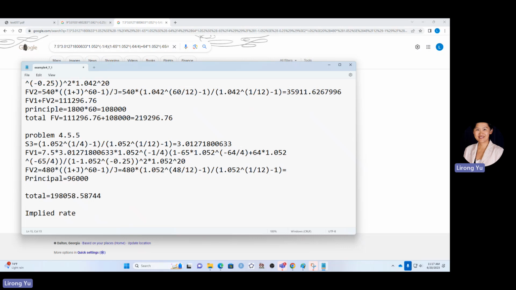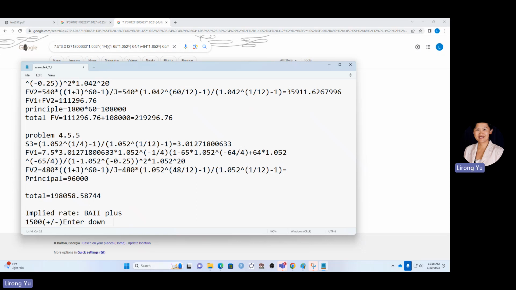Implied rates. The textbook was using the BA II Plus calculator, and we can do that the same way. What you're going to do is put in 15500 and make it negative, and then push the enter key, and then the down arrow.